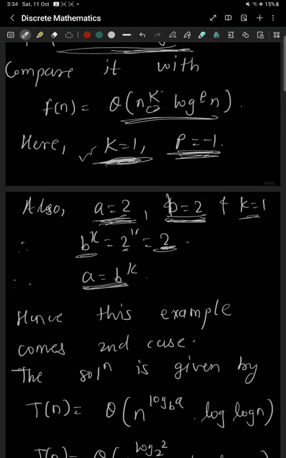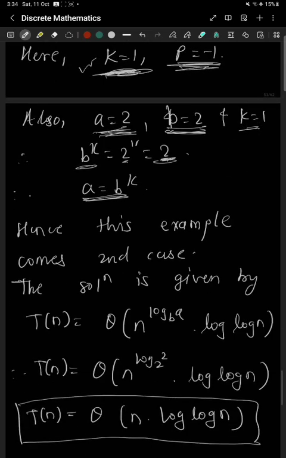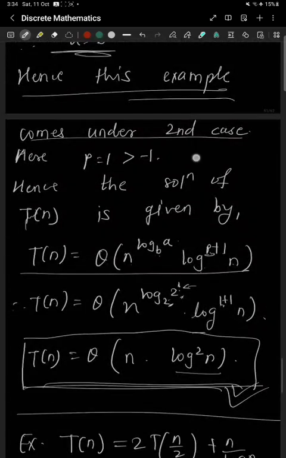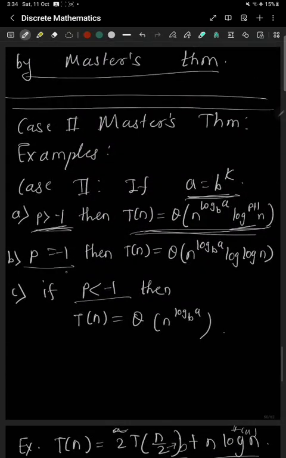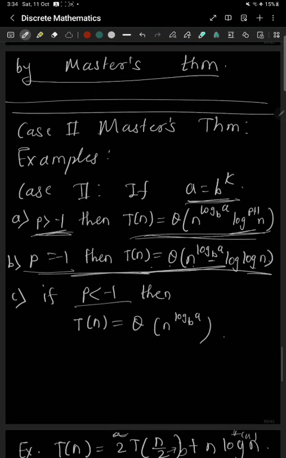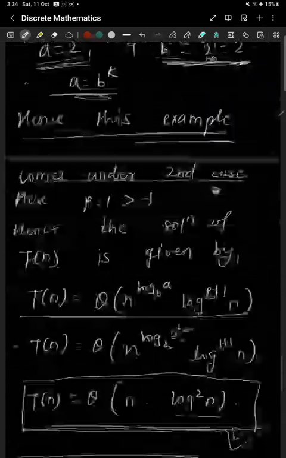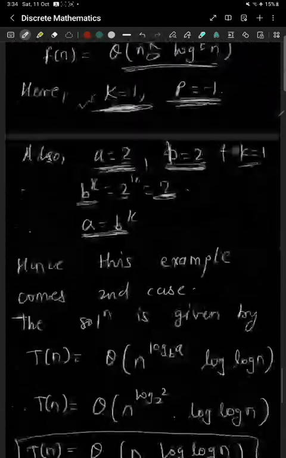We have seen it for p is greater than minus 1, now it is for p is equal to minus 1. So let's go back to the cases. Here for p is equal to minus 1, the solution given by T of n is n to the log of a at base b into log of log n. Here the power is p plus 1, here it is log log of n. Okay, so know the difference and remember the difference.